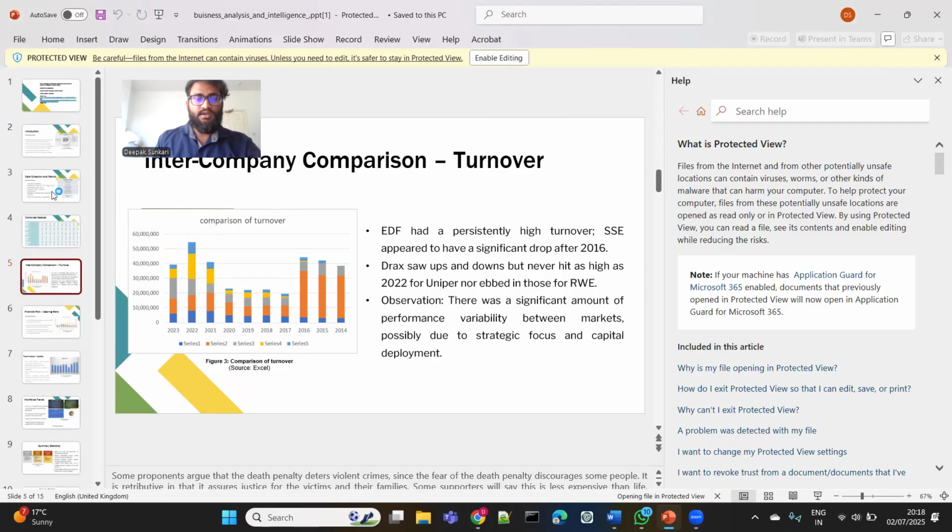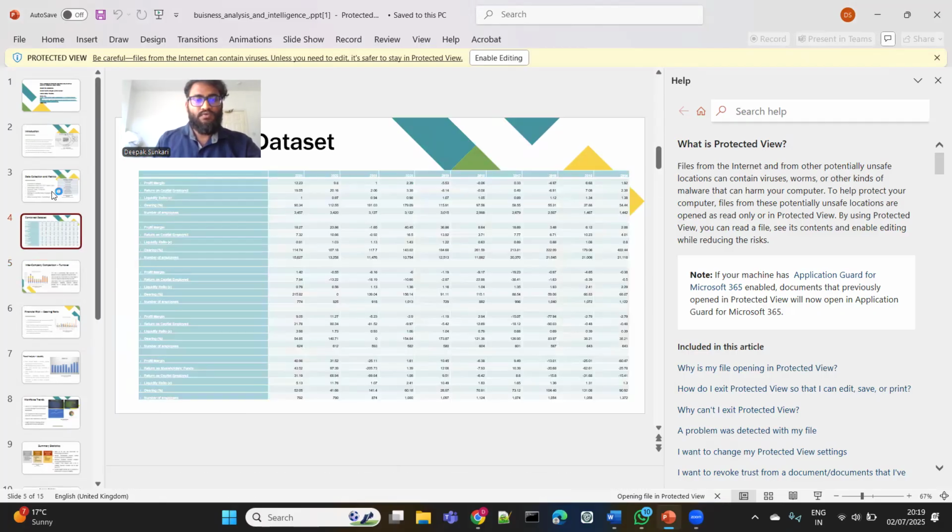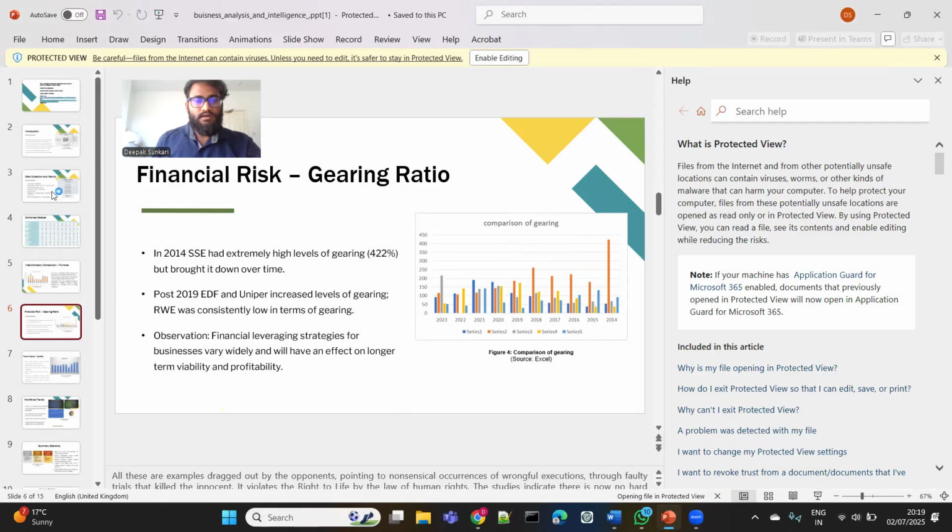It can be seen that the turnover statistics between 2014 and 2023 clearly indicate different trends in the five UK energy companies, namely Drax Group PLC, SSE PLC, EDF Energy, Uniper UK Limited, and RWE Generation UK PLC.